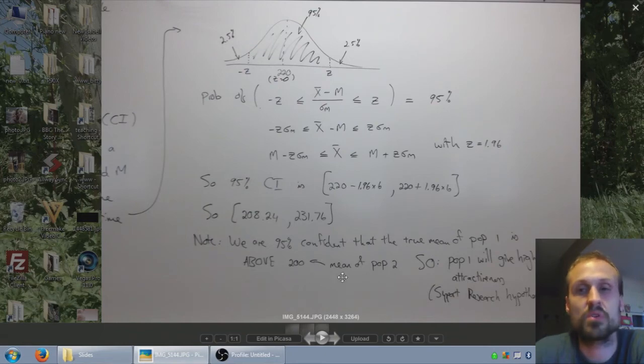So the confidence interval path leads me to the same conclusion, that population 1 has a higher attractiveness rating based on my confidence interval. And that's again at a significance level of 95% or 5%, depending on which one you're talking about. The 95% would go with my confidence interval, and when I talk about hypothesis testing, I would use 5%.